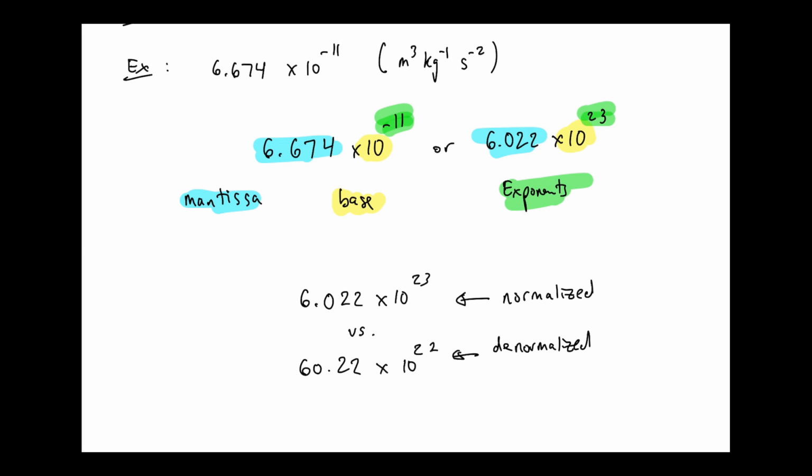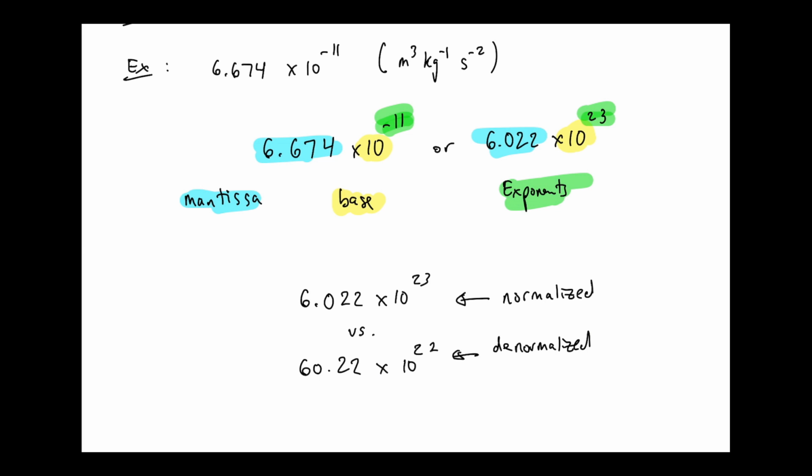Nor would it ever be 10 or bigger, for exactly the same reason as with Avogadro's number, right? 60.22, well, I could just shift the decimal point one more spot over and have it 6 point whatever, which is in the form I want.